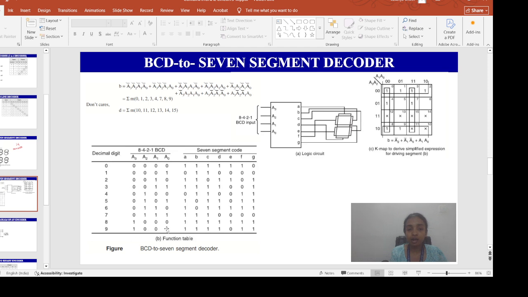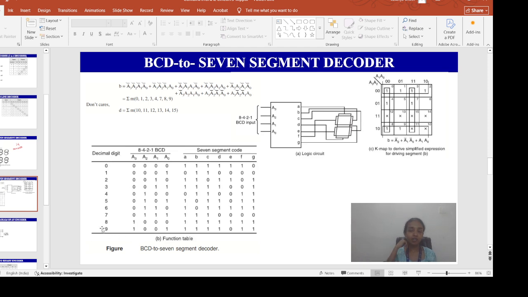See, for 9, how are we getting 9? A3 corresponds to 8, A2 corresponds to 4, A1 corresponds to 2, and A0 corresponds to 1. If you observe the last row, A3 is 1, so its weight is 8, and A0 is also 1, so 8 plus 1 is 9.